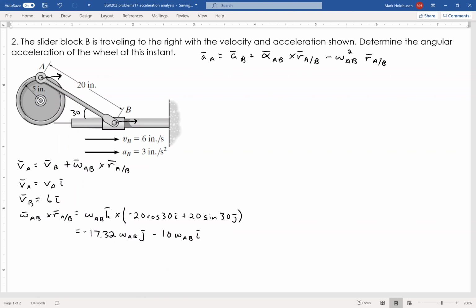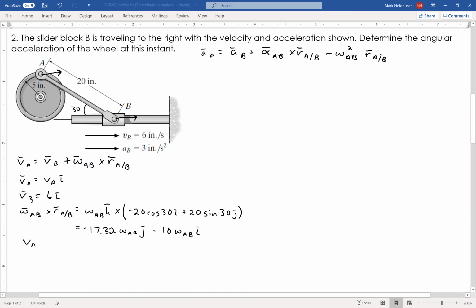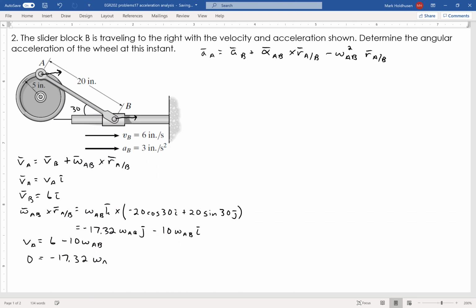So now I break this up into X and Y components, just like I always have done. So I get VA equals 6 minus 10 omega AB, and then I get 0 equals negative 17.32 omega AB.